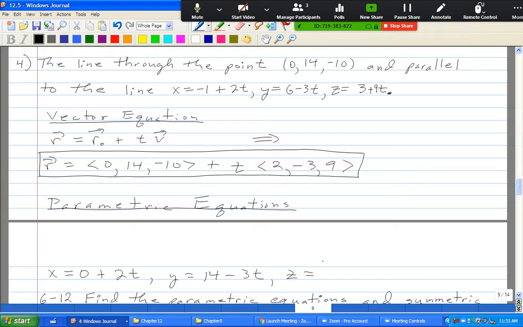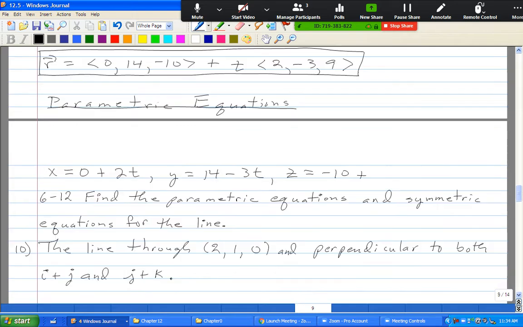We start at negative 10, and I have a direction of 9. And those are my parametric equations for this line.